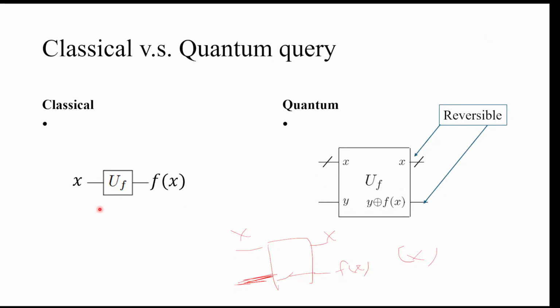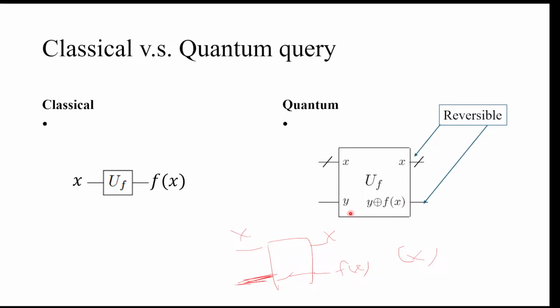So in addition to being able to do quantum superposition, you also need to have a separate input and output register. You have an input register that writes your x, and an output register that will write f of x here, plus whatever you originally had on this y register. This plus thing gives us a very nice property, because it is what gives us the ability to do phase kickback.